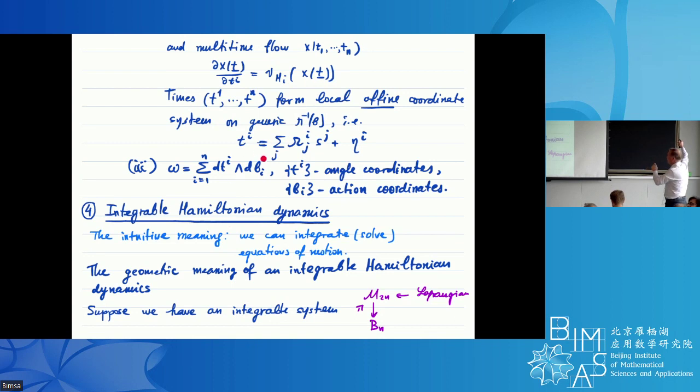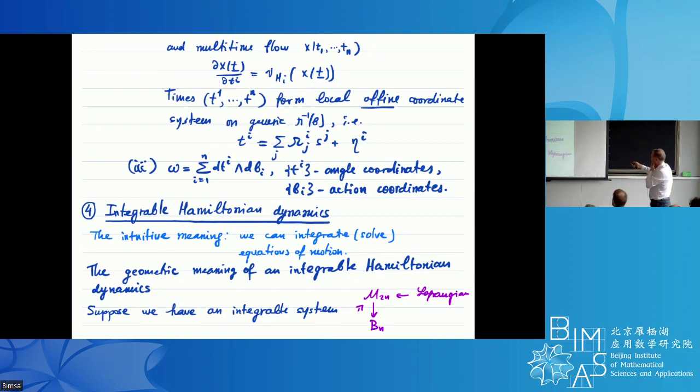And the third part is that these times and the values of the Hamiltonians form so-called Darboux coordinates. In this setting, they are known as angle-action variables. These are local coordinates, but they have this wonderful property that the symplectic form has a special form.